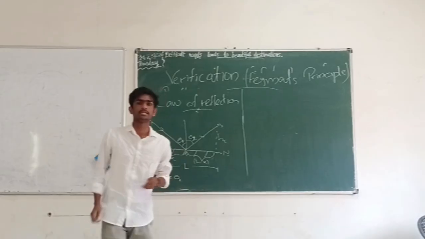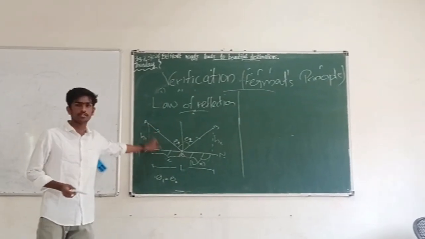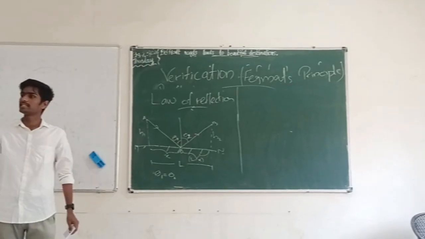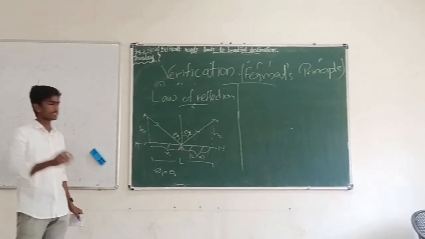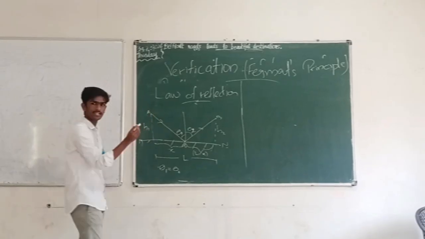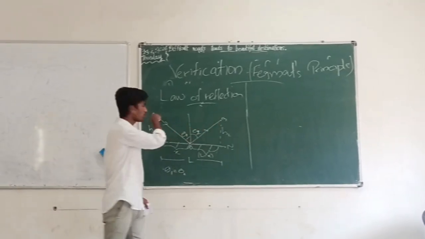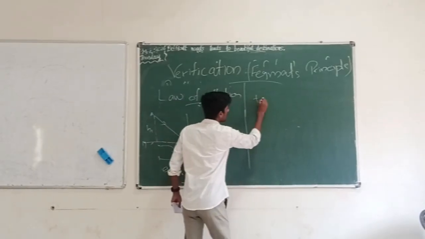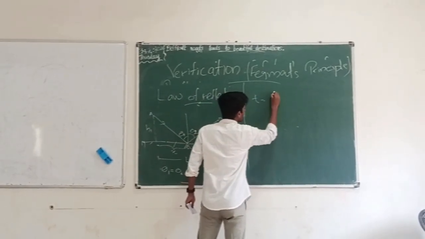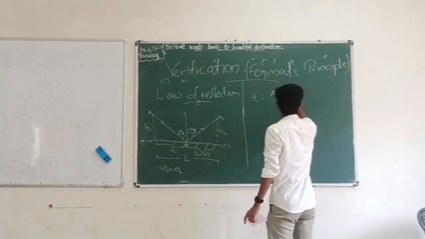We can find the time taken by this light ray to travel. We know time is distance divided by speed. The light ray travels from A to O, then on to B, so the total distance is AO plus OB.